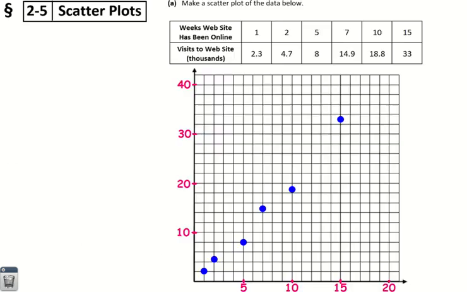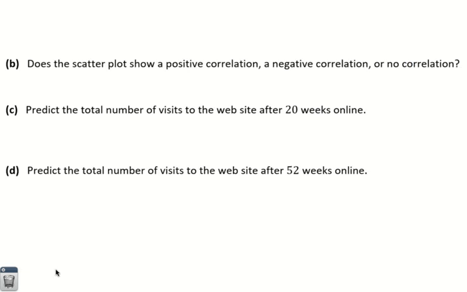Like I already said, these points are showing a trend, and it's an uphill trend. These dots are pretty much forming a line that's going uphill. And when you have an uphill trend, that's going to be a positive correlation.